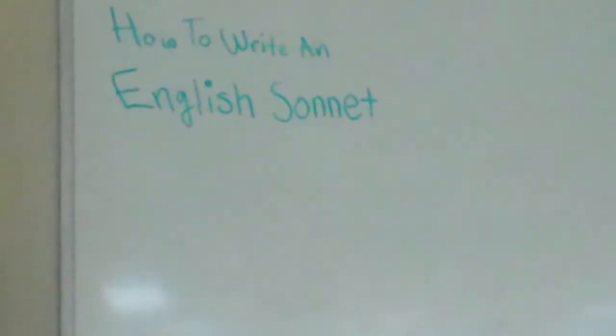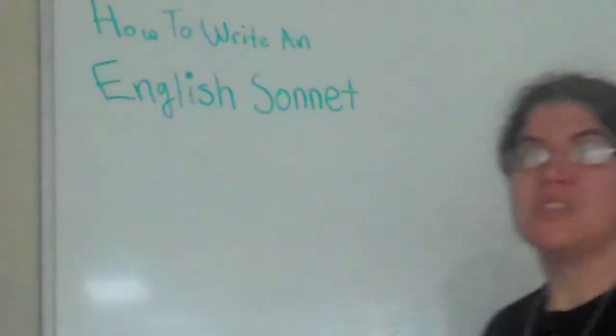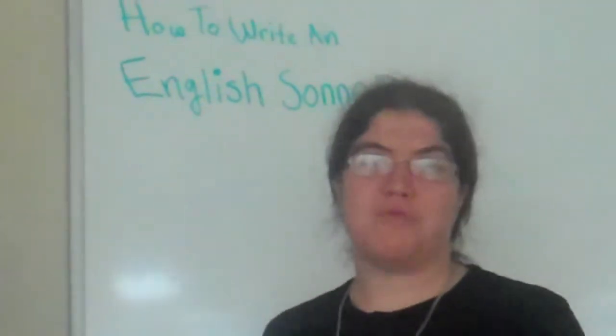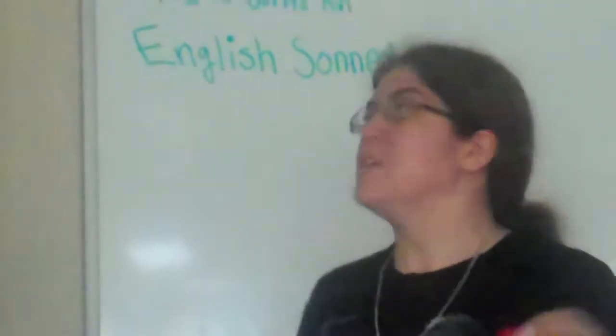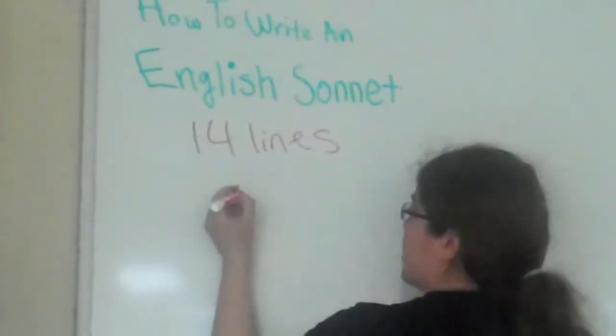Okay. My how-to video is on how to write an English sonnet. To start off, I will go over the rhyming scheme of the English sonnet. An English sonnet has 14 lines, and they're like this.